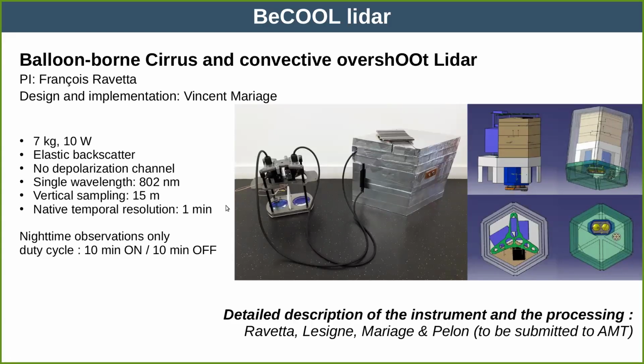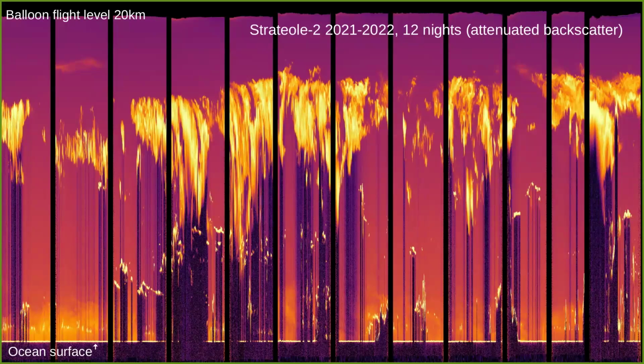So what are we looking at with this instrument? Here is an example of 12 consecutive nights, the first flight from the 2021-2022 campaign. The balloon starts on the left of the picture and moves to the right.